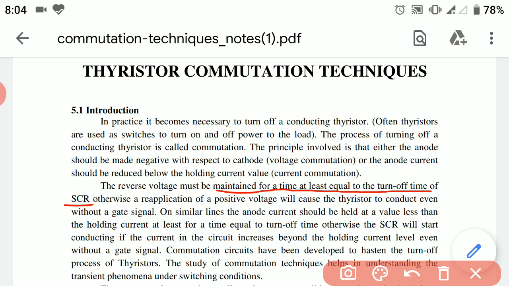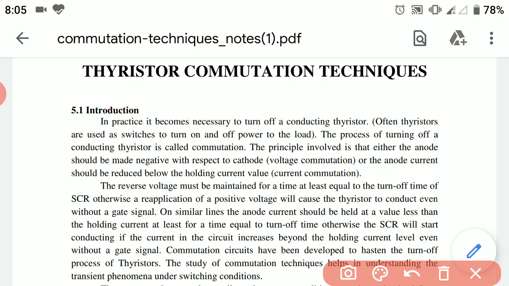If we maintain this reverse bias for less than the turn off time of SCR, then this thyristor may again start conducting without a gate signal. So we have to maintain this reverse bias for a time equal to the turn off time of SCR.